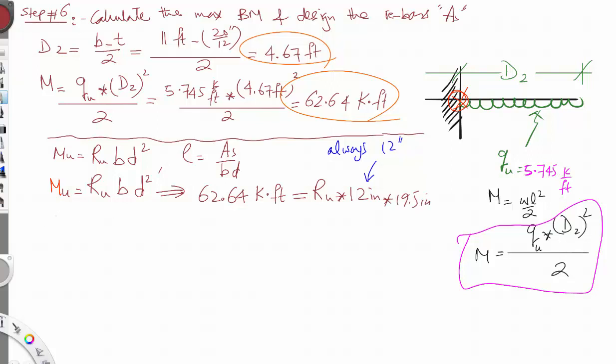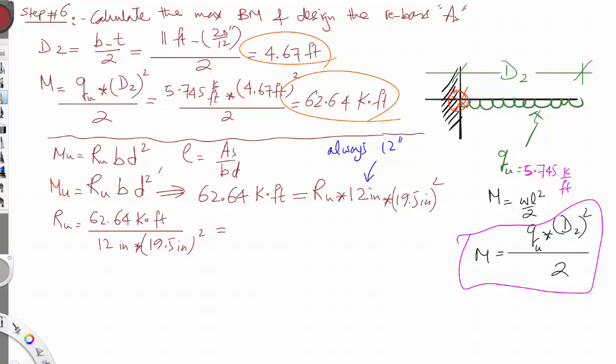So again, if you would like to isolate Ru, it is equal to 62.64, and put the units, kip foot, like I said, okay, that will serve you better, over 12 inch multiplied by, this needs to be squared of course, 19.5 inch squared.